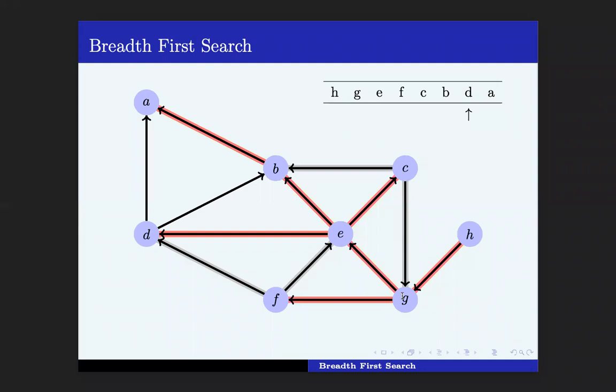We know that BFS answers the question: what is the shortest path from the root to any other node? By looking at the level of that node, we know the path length. So from level 0 to level 3, we know this.